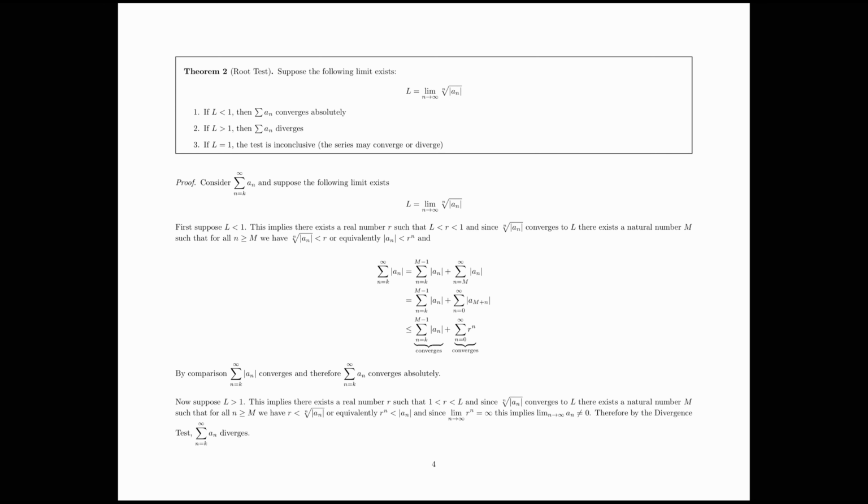You'll find that the ratio test is extremely powerful and its applicability is very wide, where the root test has a fairly narrow range of applicability, and it really does only work well when your series term, everything in it, is being raised to the nth power or something related to the nth power. So fairly narrow range of applicability.